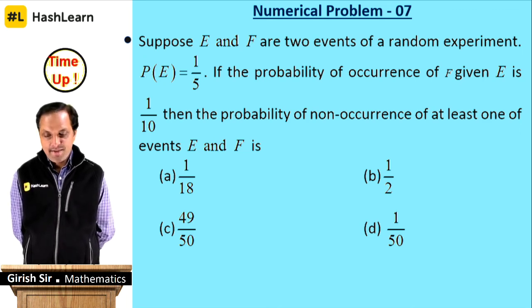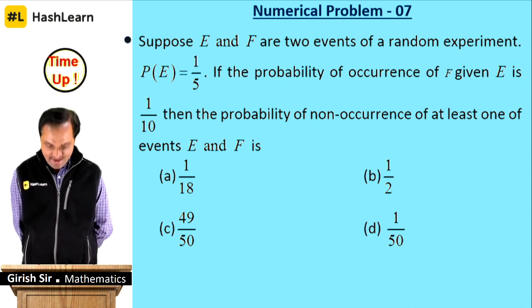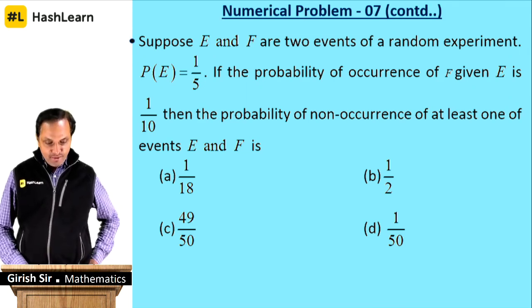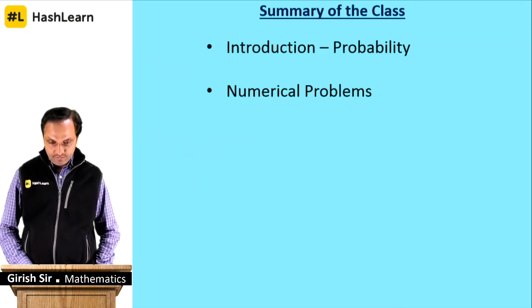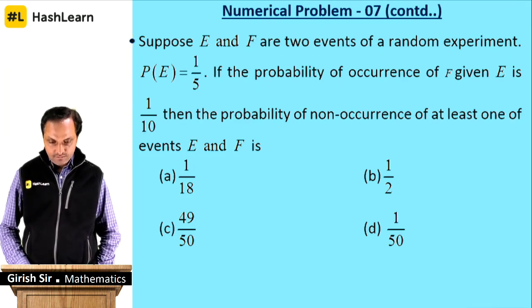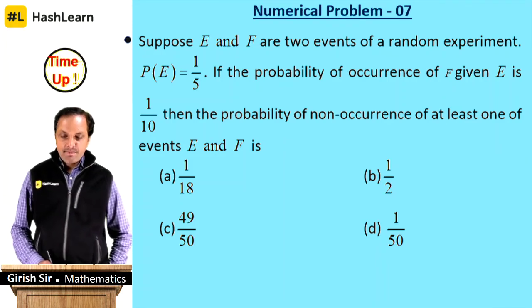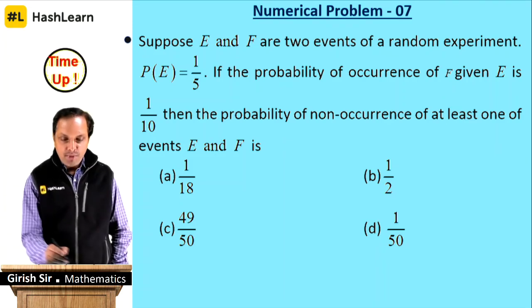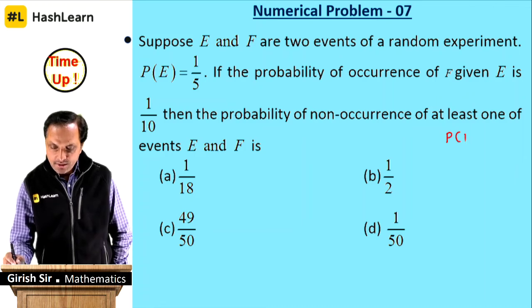Your time is up. Chalo, let us see how to do this numerical. Yeah. So let me use the space available here. So probability of E is given as 1 by 5.